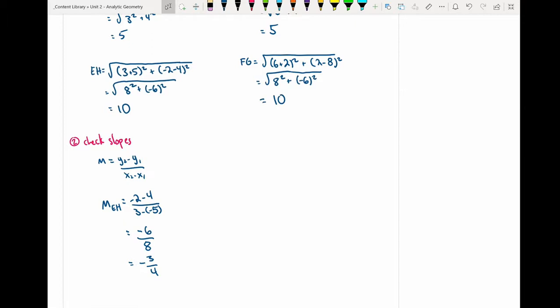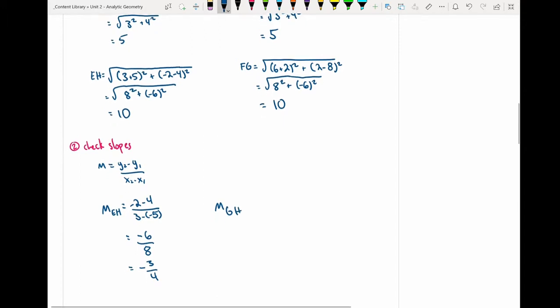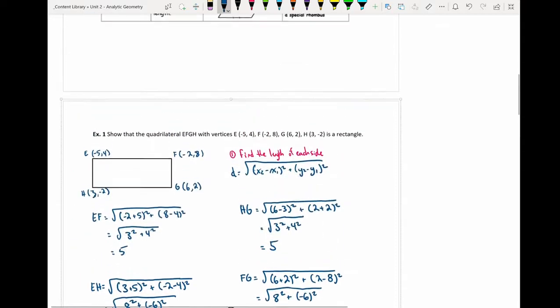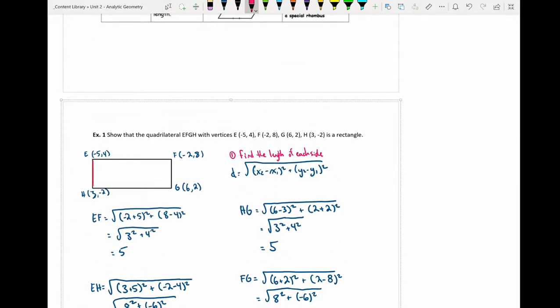My second one, I'm going to look at G and H, or H and G. So I found this one, EH. I'm going to find this one now, HG.